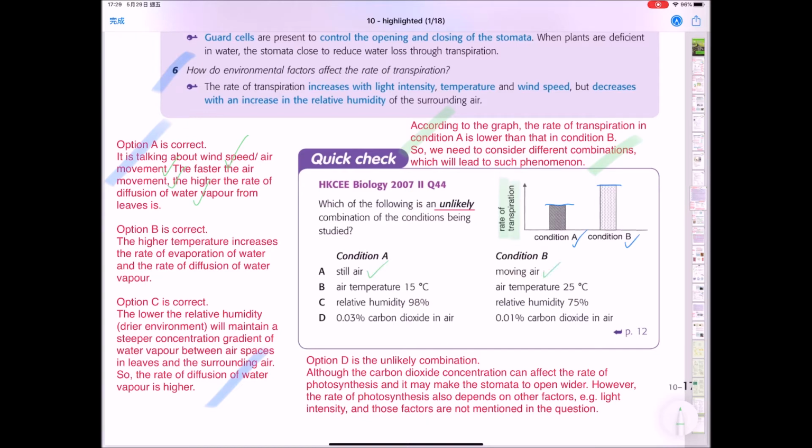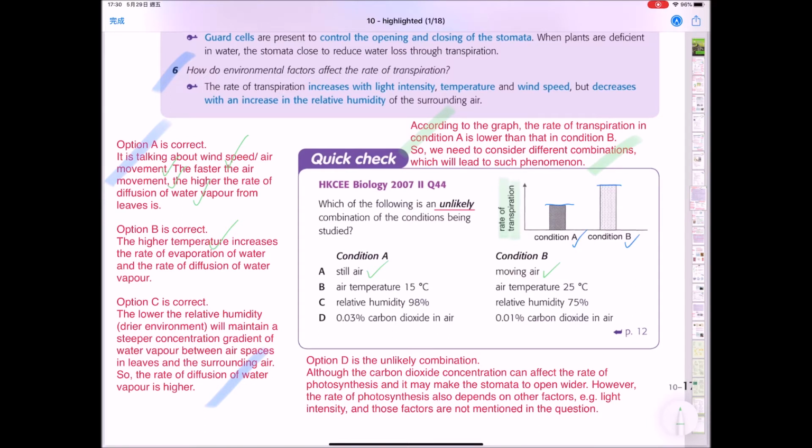Option B: condition A has an air temperature of 15 degrees Celsius, and condition B has an air temperature of 25 degrees Celsius. So condition A is a cool condition, but condition B is a relatively hot condition. For this combination, we are talking about the effect of temperature on the rate of transpiration. If we recall the table, the higher temperature increases the rate of evaporation of water vapor.